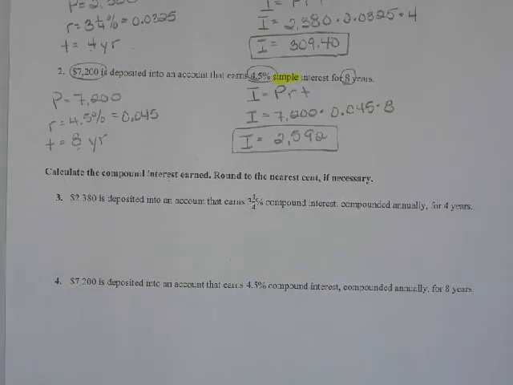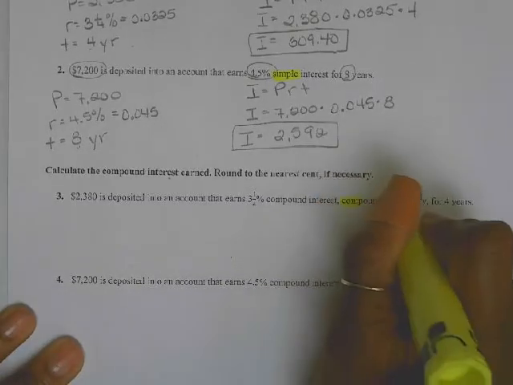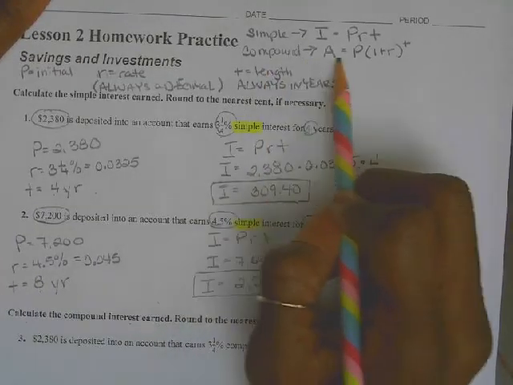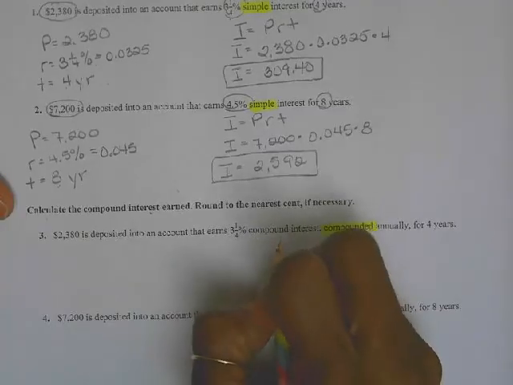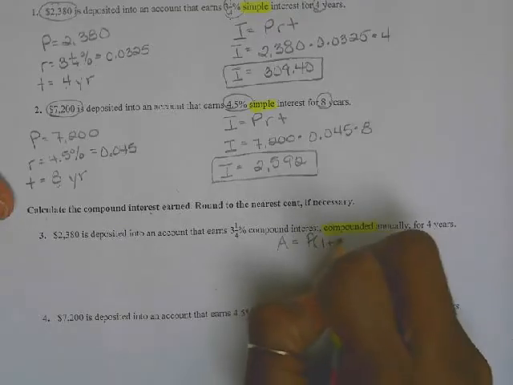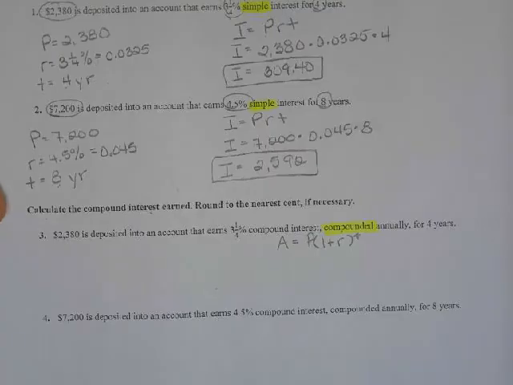So this is important because I'm using those same letters. I want to make sure that I know what I'm using for my formula. So this time, my compound interest is this one right here. So I have my A equals, I'm sorry, big P, 1 plus the rate raised to the T. Okay?